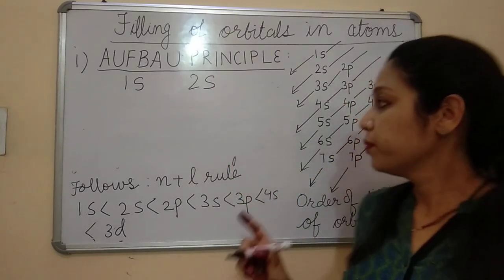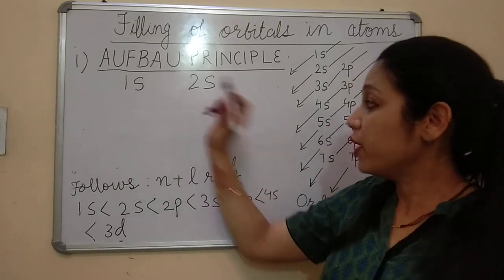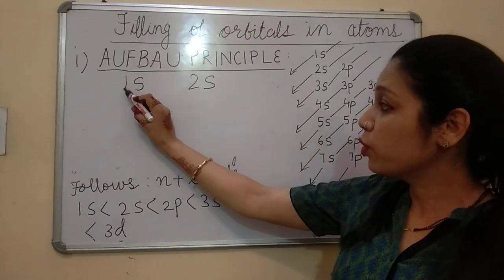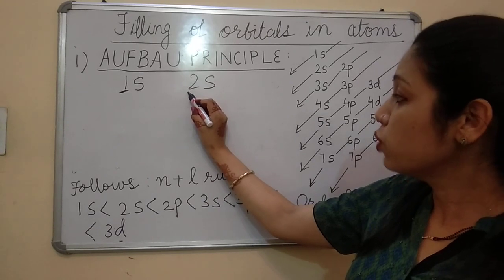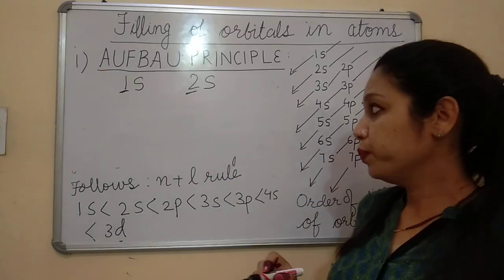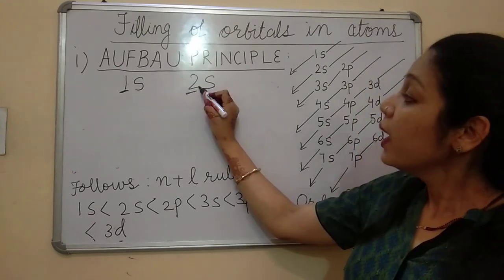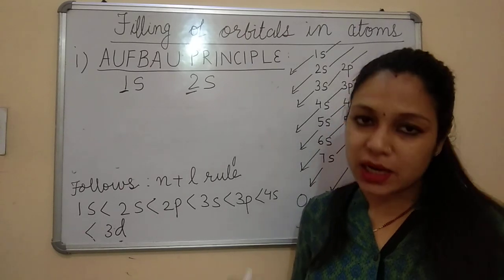First thing is the orbital with greater value of n. Here the value of n in 1s orbital is 1 and the value of n in 2s orbital is 2. So the one having greater value of n will be of greater energy.